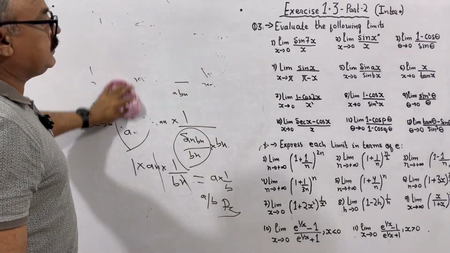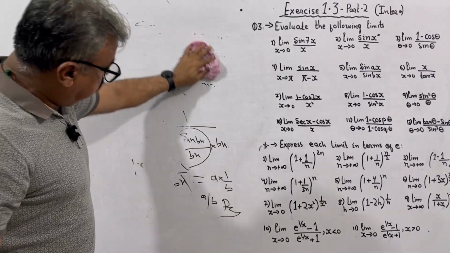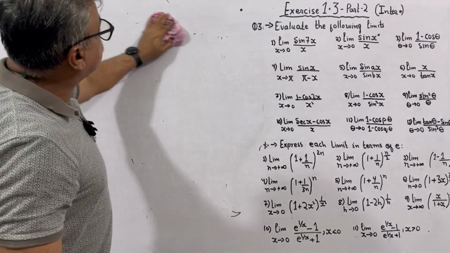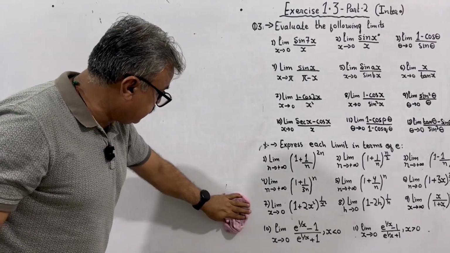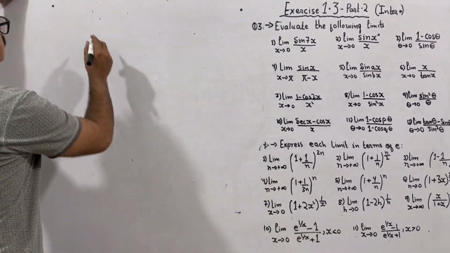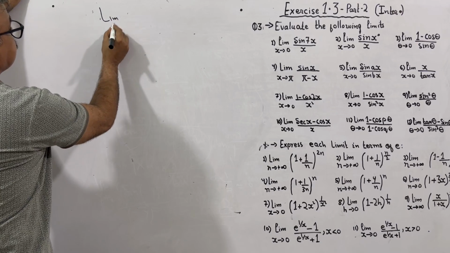Sixth part of question number 3, that is limit x tends to 0 of x over tan x. In the case of trigonometric functions, sin x over x works to 1 for us.